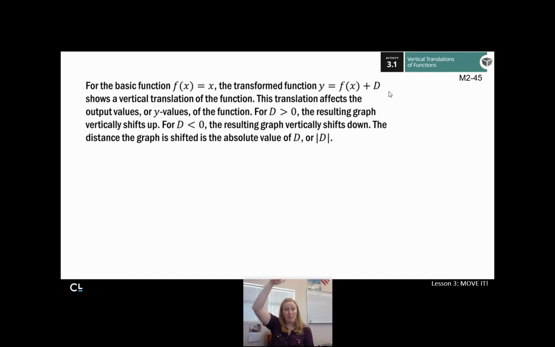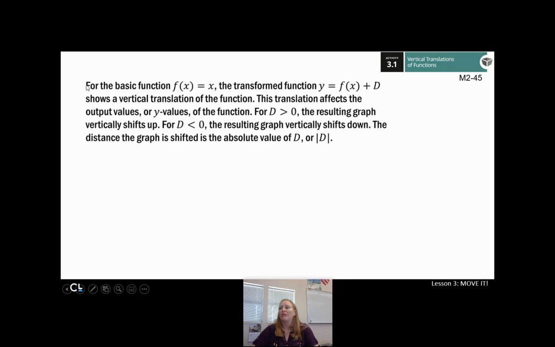It pushes things up and down. This translation affects the output values, or the y values, of your function, which makes sense. If we're going up and down, that's y, isn't it? That's not x. So that plus d on the end, whatever number d is, is going to push your function up and down. It's going to affect the y coordinates of your points.